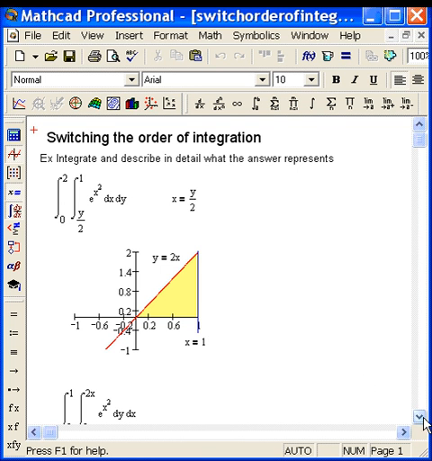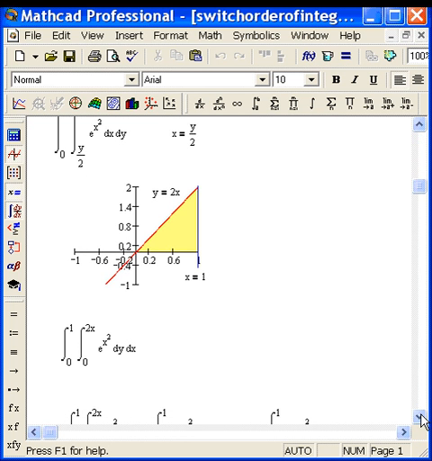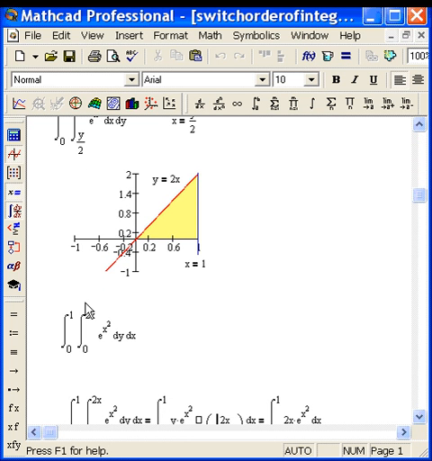Now what we're going to do is switch this in such a way that we can integrate with respect to y first. And so this is the exact same region described. Now if we integrate with respect to y first, the top of y is 2x, the bottom of y is the x-axis, so that's y equals 0.